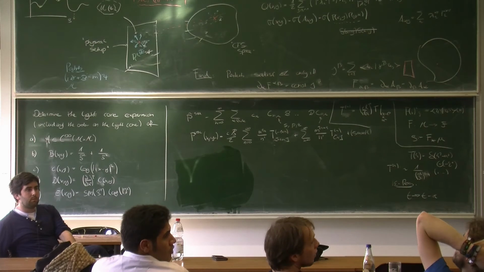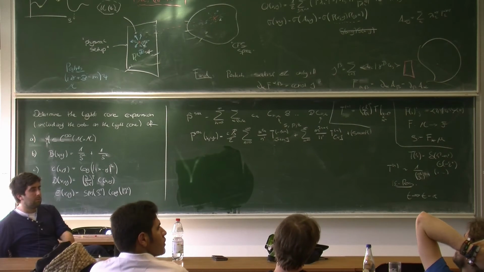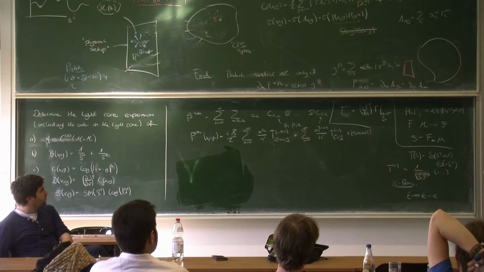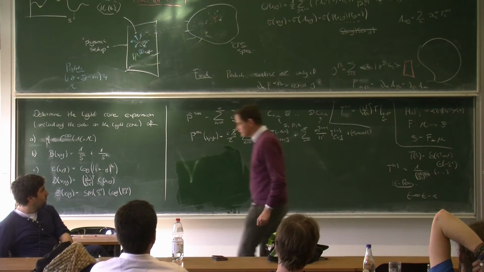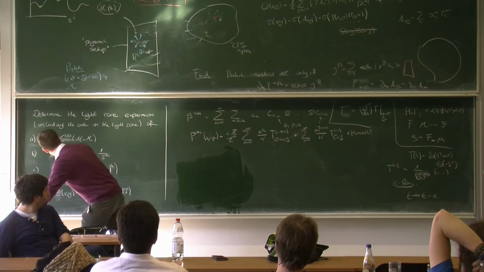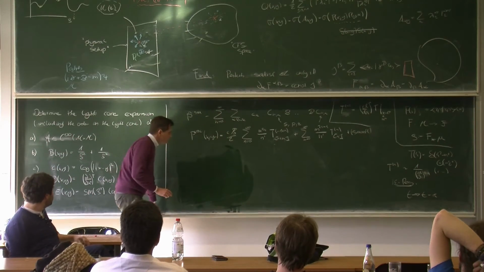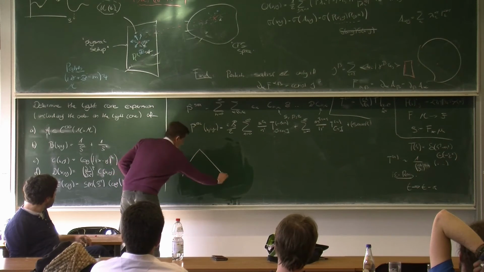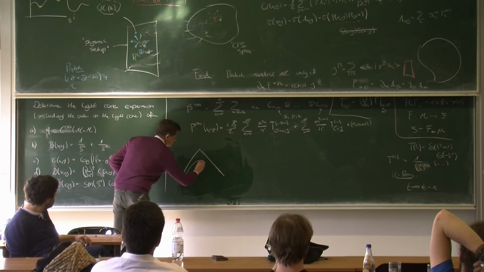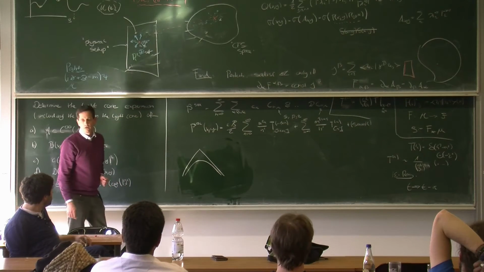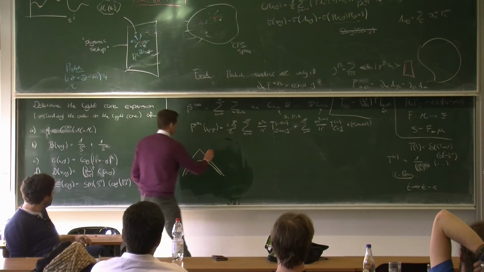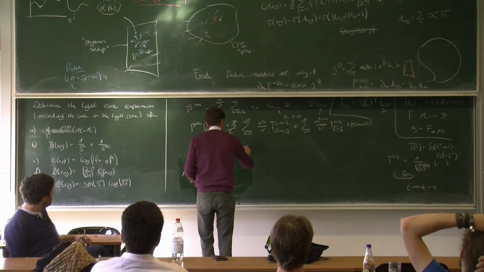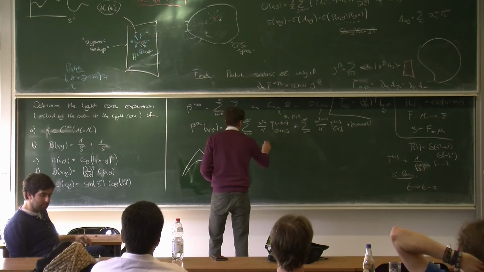This is a good explanation, which is like Jan-Hendrik's. There's another intuitive way of understanding why this divergence appears on the light cone. It has to do with how the Fourier transform is performed. In momentum space, the distribution is supported on the mass shell, so this is P of k, and then you compute the Fourier transform.